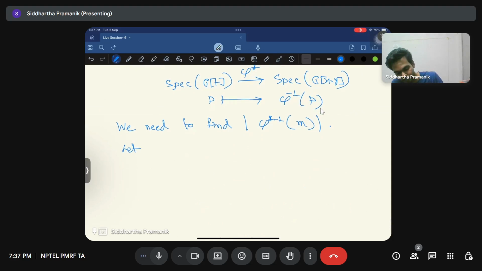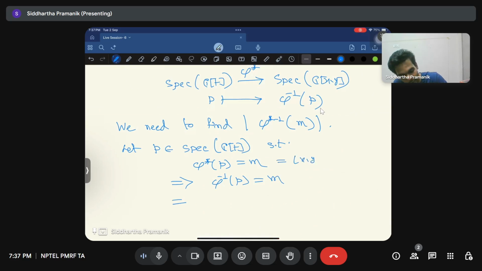So let P belong to Spec C[t] such that phi star of P is equal to M. But what is phi star P? This is phi inverse P. This is M. And M is the ideal generated by x, y.